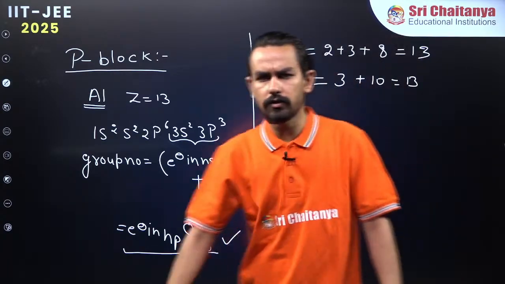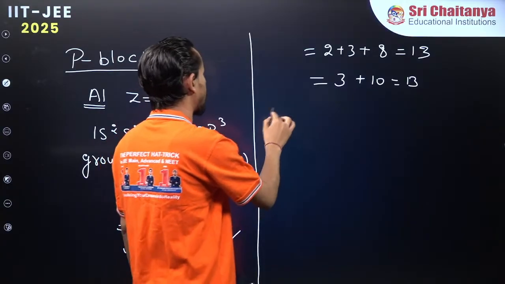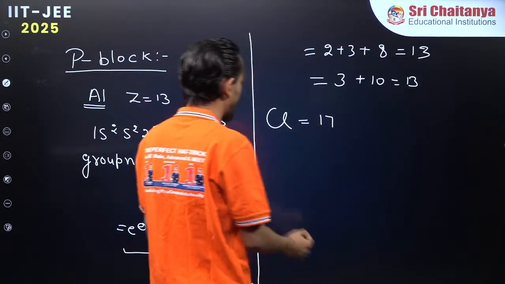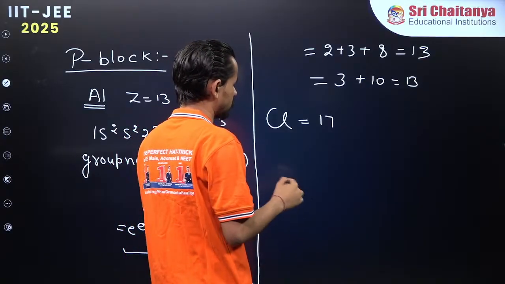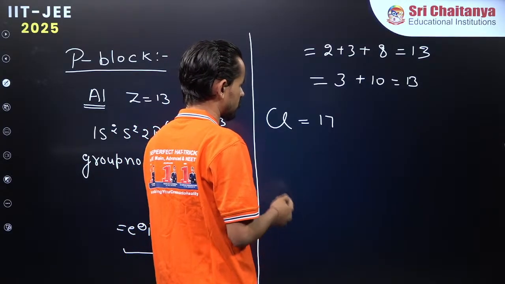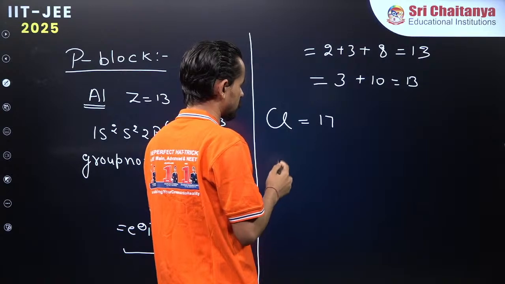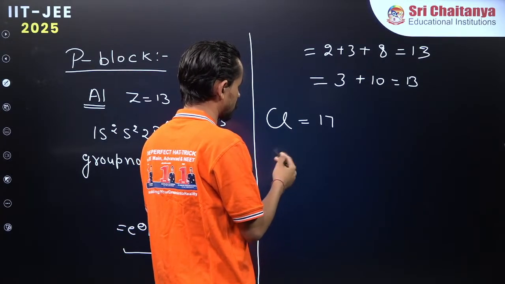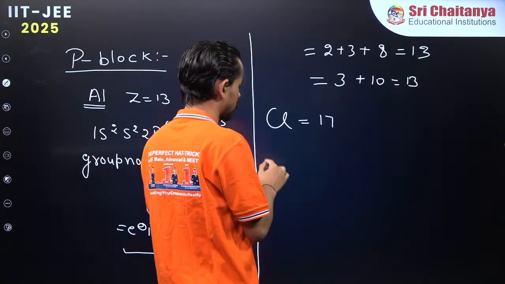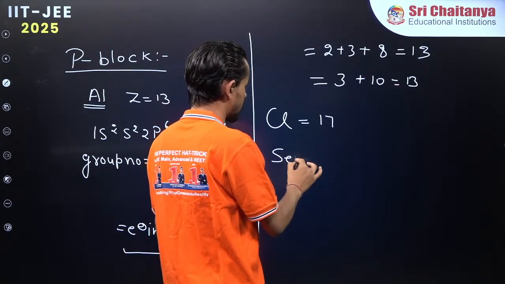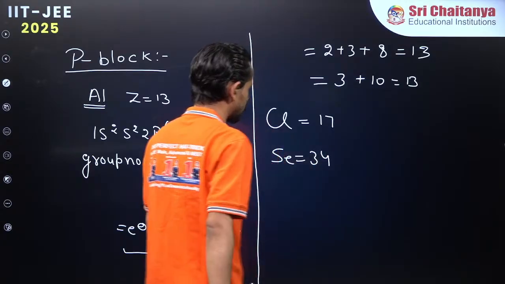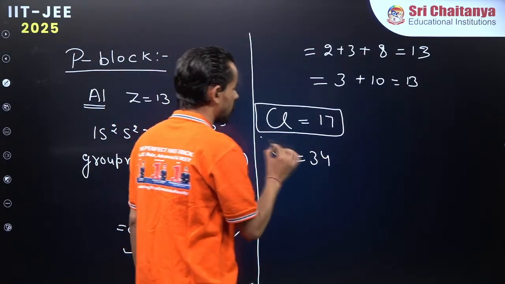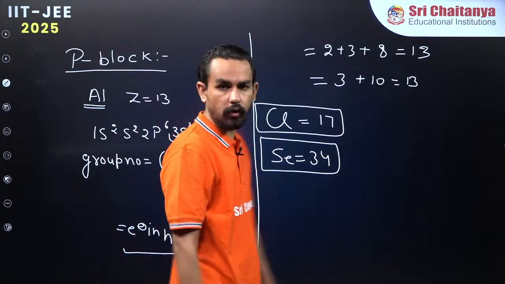Tell me for chlorine 17 and selenium 34, two of them.